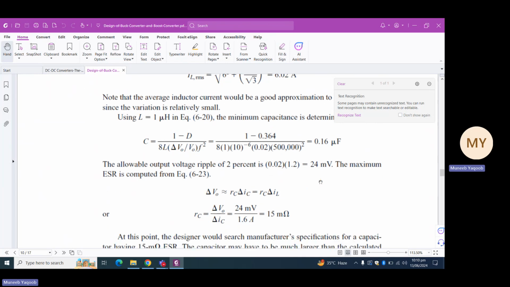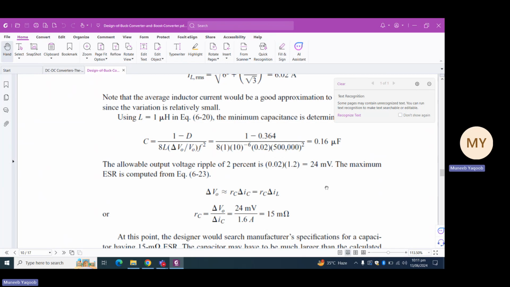So finally, if we are to calculate RC, that is the series resistance of the capacitor, we can say that it is the ripple voltage divided by the capacitor current.